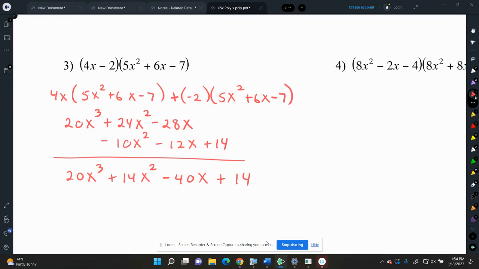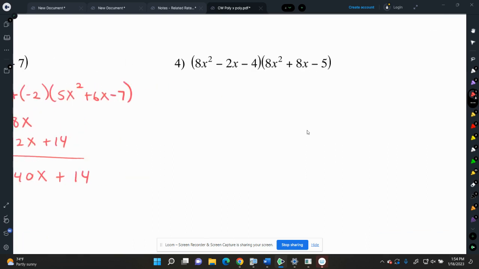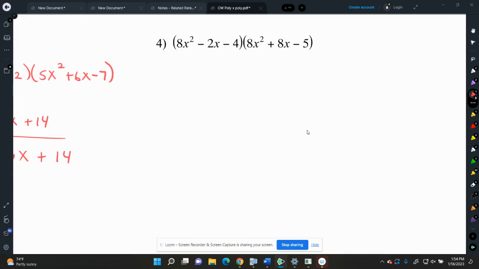Okay, all right, let's finish up this worksheet. Actually, how do you feel about it? Let's do number 4. Number 4 is different because I've got 3 terms, but I'm doing the same thing, right?